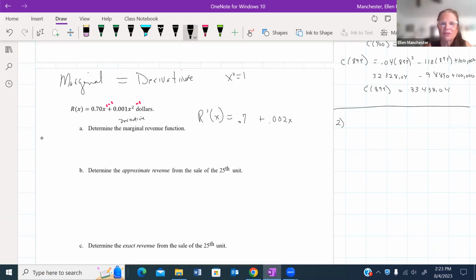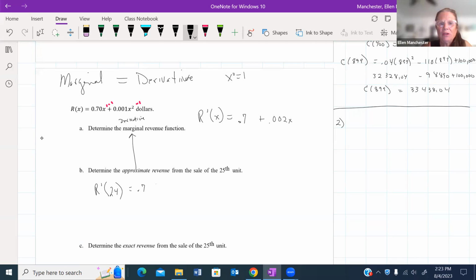So it's just x. So here is my marginal revenue. To find approximate, remember approximate is the same as marginal. So I'm not at the 25th, I'm heading towards the 25th. So I'm going to plug in 24.